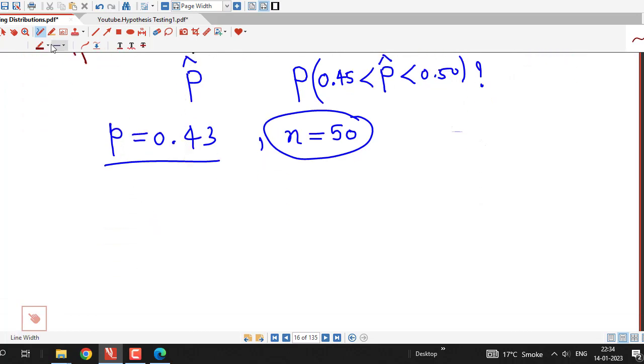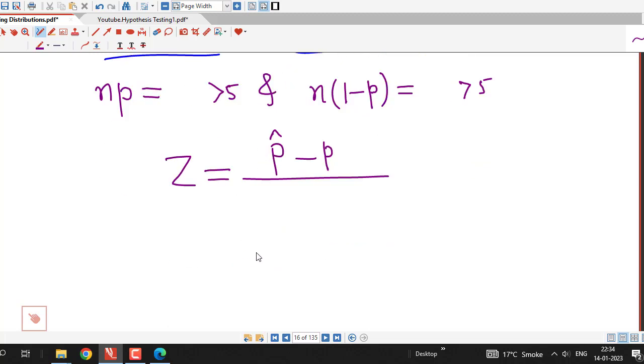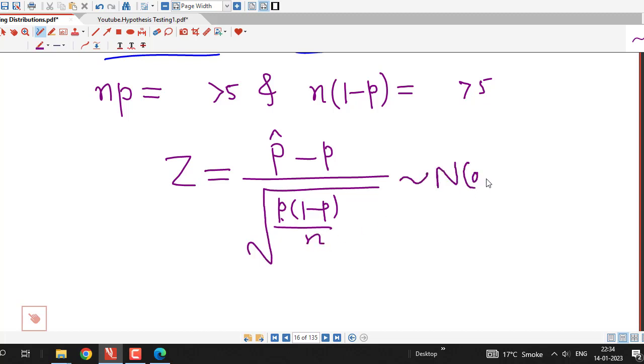Now we have to check whether we can apply the normal approximation to that binomial distribution. For that we calculate two numbers, n times p and n times 1 minus p. If both are greater than 5, then z equal to p hat minus small p divided by the square root of p times 1 minus p over n is approximately a standard normal random variable.